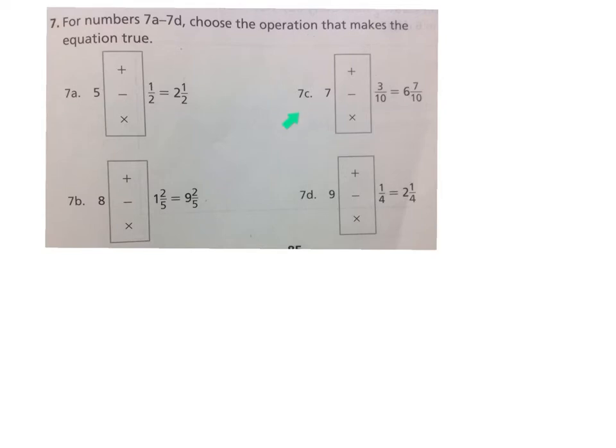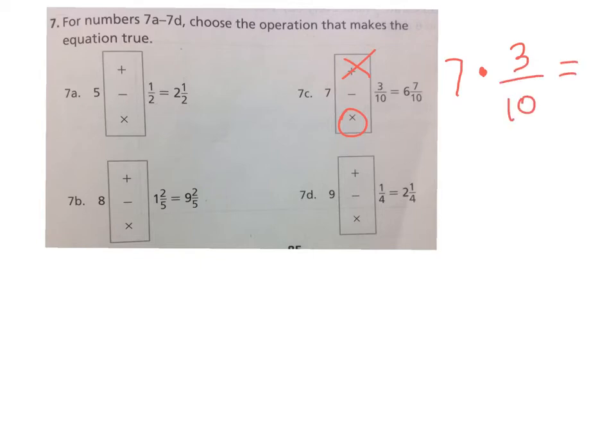Okay, now let's look at 7c. The answer is smaller than the whole number, so we know it can't be addition. So let's work out multiplication. Let's put this into working form. So 7 multiplied by 3 over 10 equals.